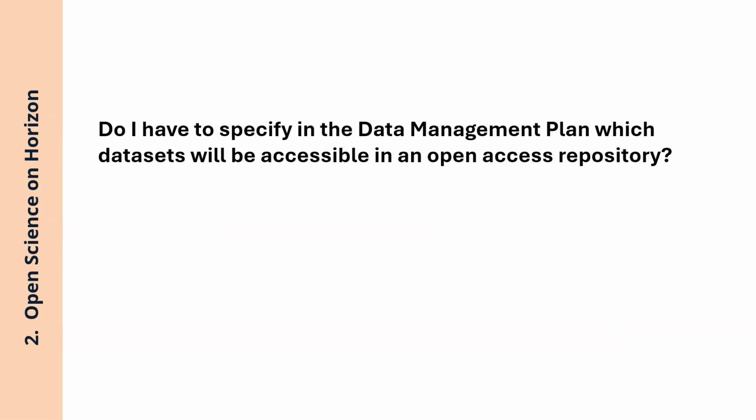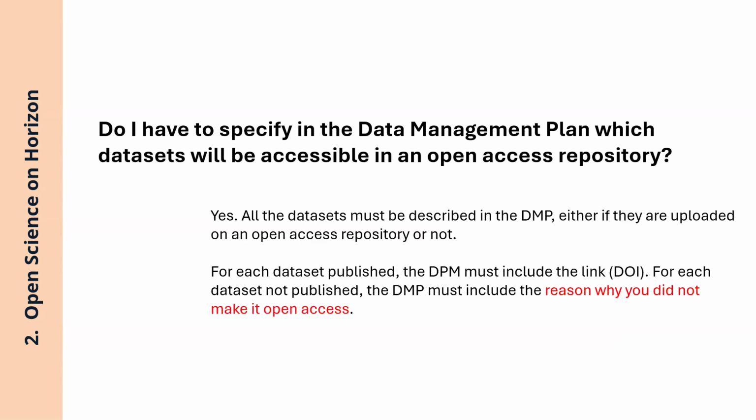Do I have to specify in the data management plan which data sets will be accessible in an open access repository? Yes, all the data sets should be described there, whether you are going to upload them in an open access repository or not. You will have to include the DOI, the digital object identifier, in the data management plan to make it possible to access the data sets.